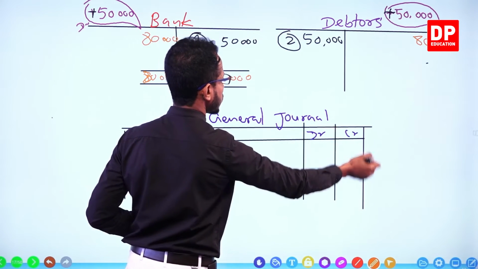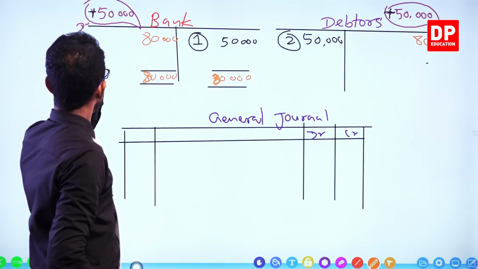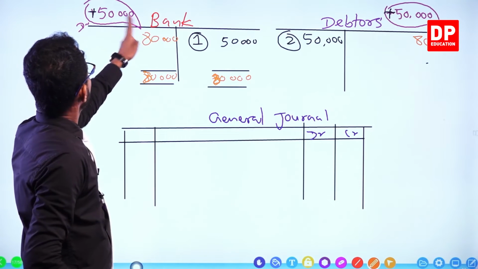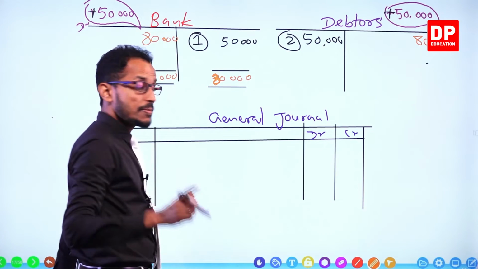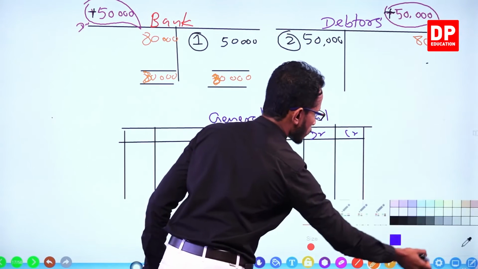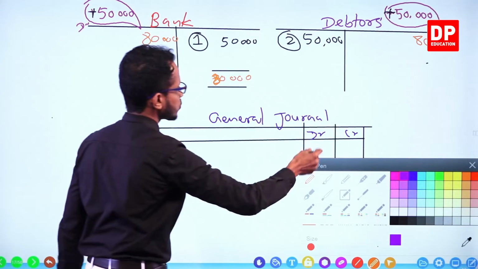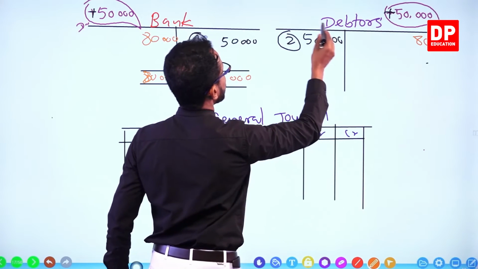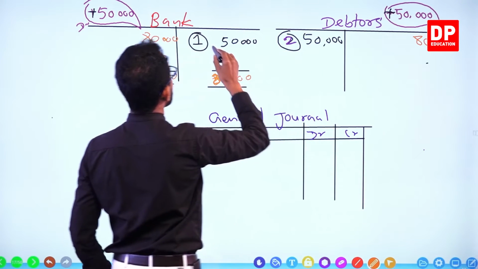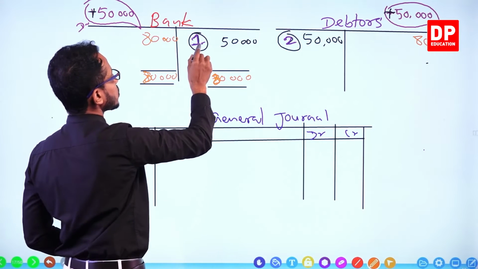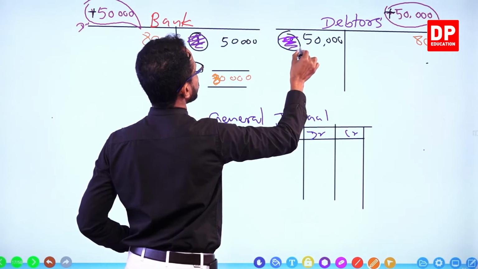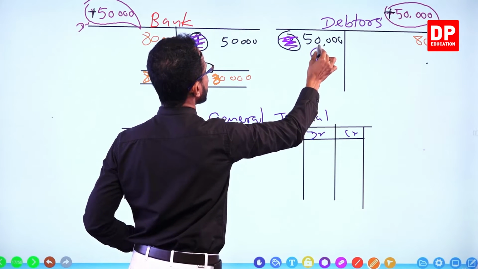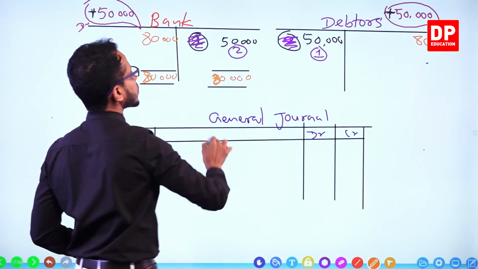Debit, credit. What is the double entry? Bank account, credit. Debtors account, debit. The debit entry should be written first. This is the first entry. This is the second entry.